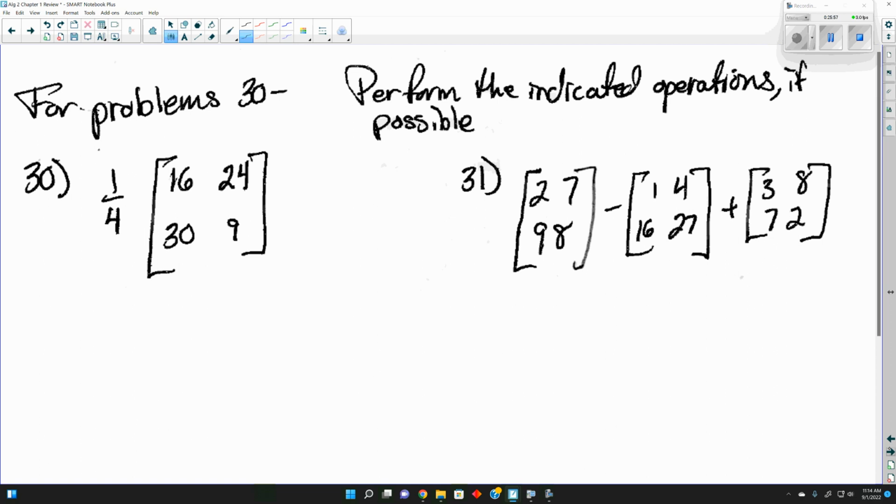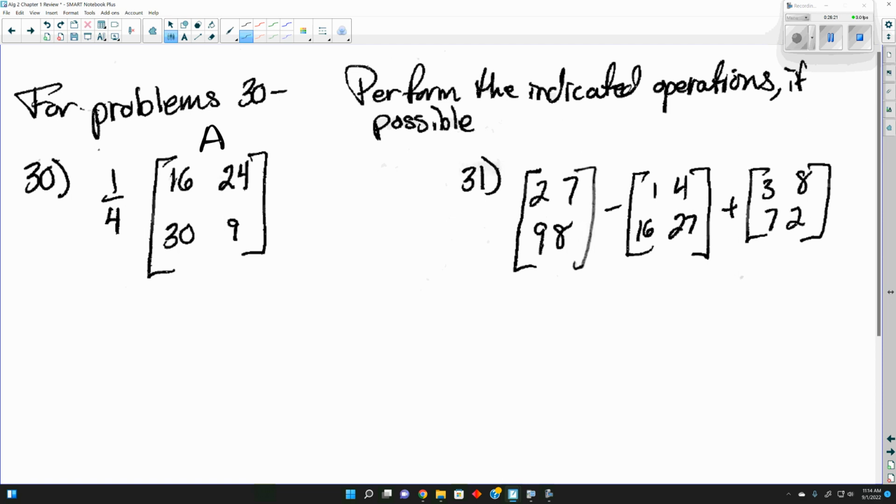Now the numbers are a little off on the ones that are on the screen. I think my number 30 is your number 32. So with this here, we could do this in the calculator. I could define this as matrix A and do 1/4 times matrix A, and it would give us the answer.